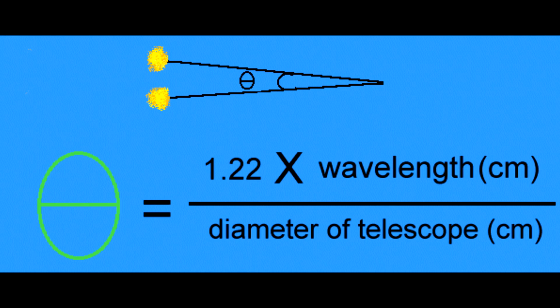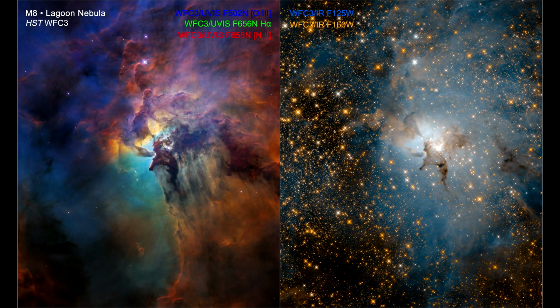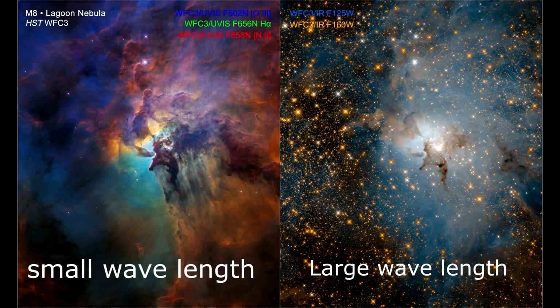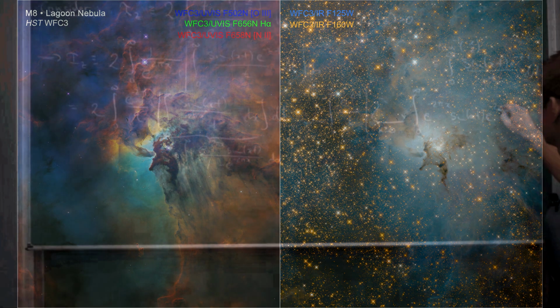Now, according to the formula, in order to get a sharp image, or to reduce the angular resolution, we have to either reduce the wavelength of the receiving light or increase the size of the receiving dish. Reducing the wavelength is not possible, as smaller wavelengths are blocked by all the dust particles between us and the object. That's the whole reason why we shifted to radio waves in the first place.